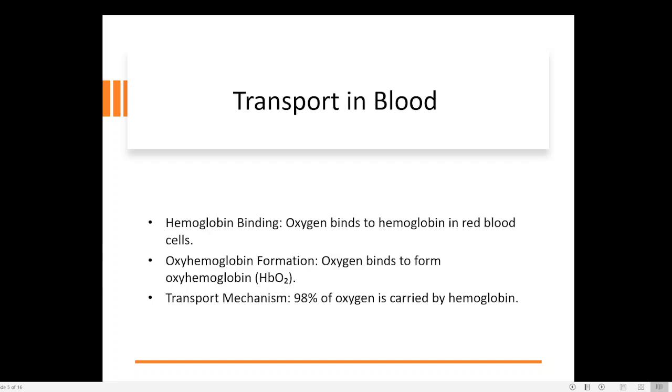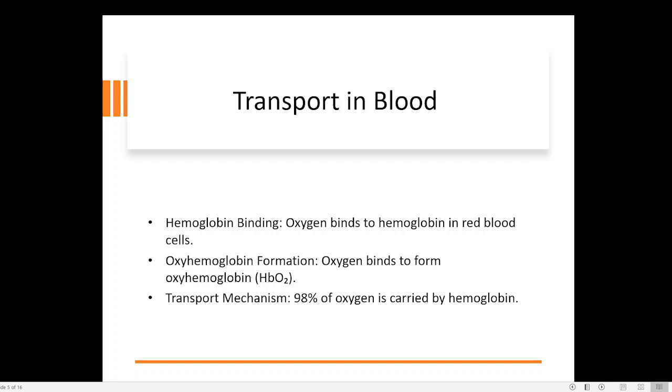Now our main focus is this aspect: how the oxygen is transported in the blood, and there are three important steps for that. One step is the binding of oxygen to the hemoglobin, and when hemoglobin binds with oxygen, that leads to the formation of what is known as oxyhemoglobin.